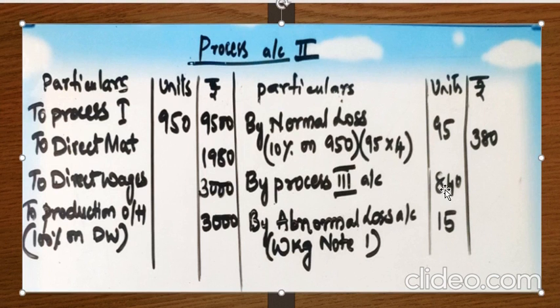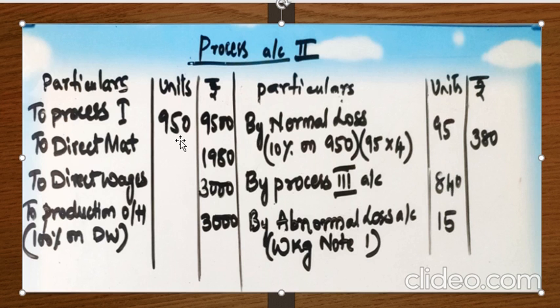Now you will calculate whether you will have abnormal loss or not. So you have process 3, 840. The total units is 950, and here you have normal loss of 95 units. Please understand that this figure is not written here yet. You have only written till by process 3, which is 840 units as per the question.